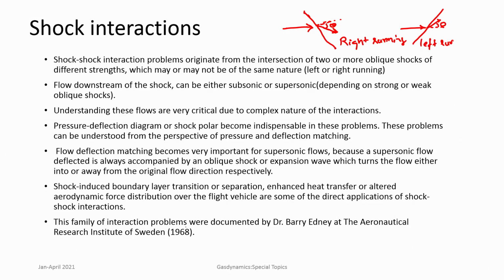Even if theta remains the same, the fact that it is turning the flow in different directions becomes important. When such shocks interact, they may be of the same kind, both right running or both left running, or of opposite kind, which means a right running and a left running shock interact, and then different kinds of flow features are produced. You can also have a combination of subsonic and supersonic velocities downstream of such shock interactions.